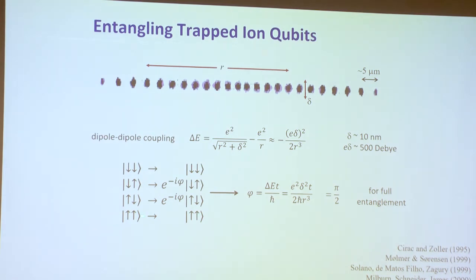Because what happens to both qubits is not the product of what happens to the individual qubits. If this were e to the minus 2 i phi right here, that would be a linear gate, no entanglement. But because we can set this phase, for instance, to pi over 2, it's just like having a fundamental exclusive OR gate, a controlled NOT gate. So this is basically how we entangle.